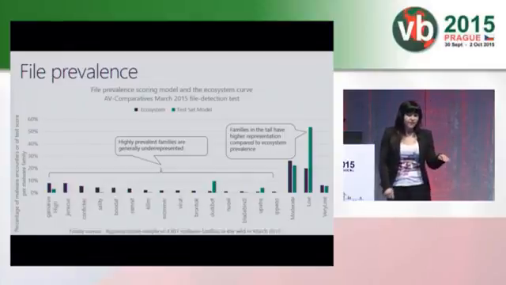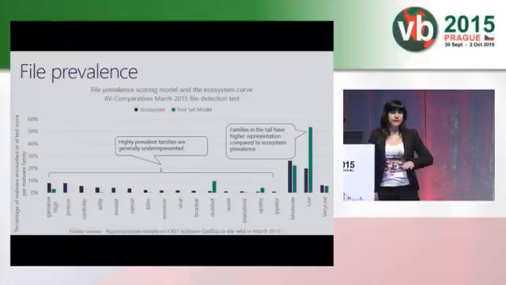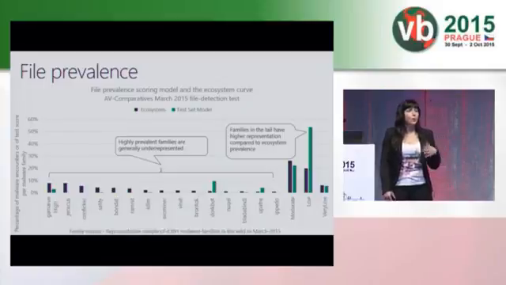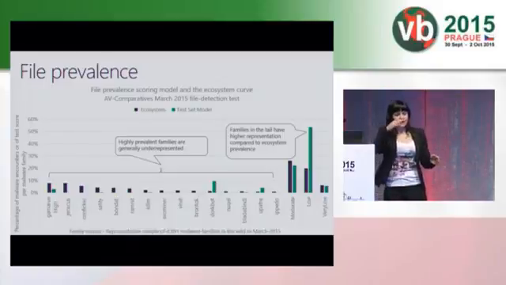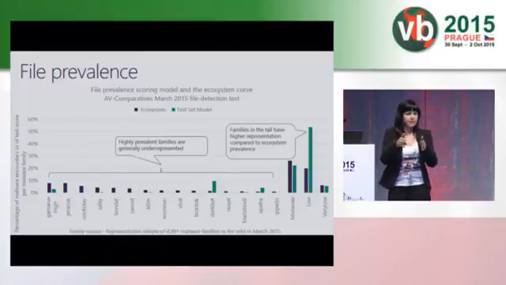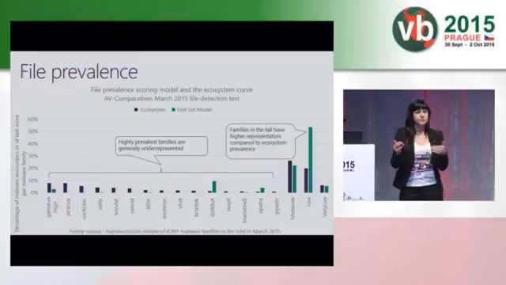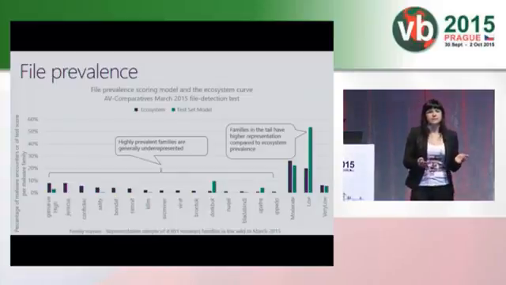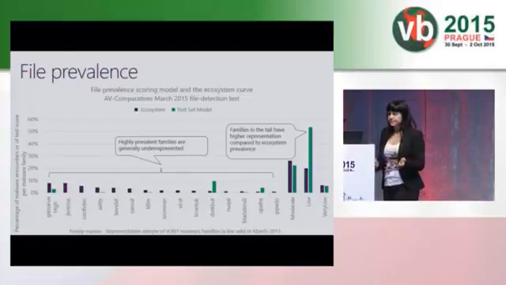And as you see, a lot of the prevalent families were severely underrepresented. Some of the families that had a lot of samples and high prevalence, like Dorkbot and Upatre, were overrepresented. Then, so that's sort of the high prevalence families. If you look at the moderate, low, and very low, there's also some discrepancies there. This model clearly doesn't fit the ecosystem curve.